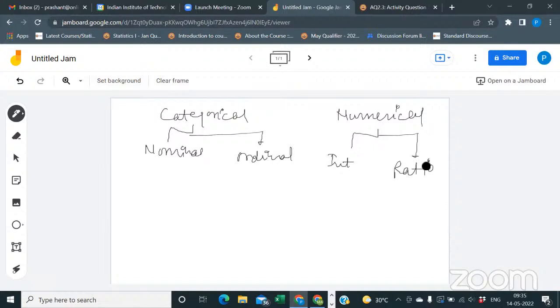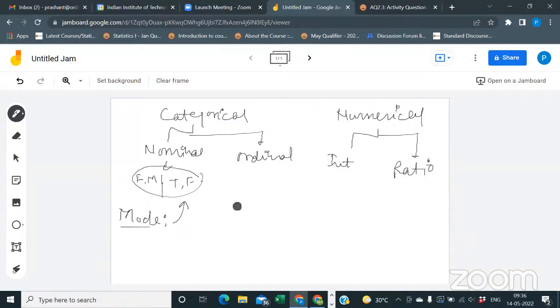Now nominal is something like male, female, true, false, whatever. This you cannot order. This is in categorical form, qualitative form. So for nominal data, I can use only mode because I can only count. I cannot order female, male, true, false like that.